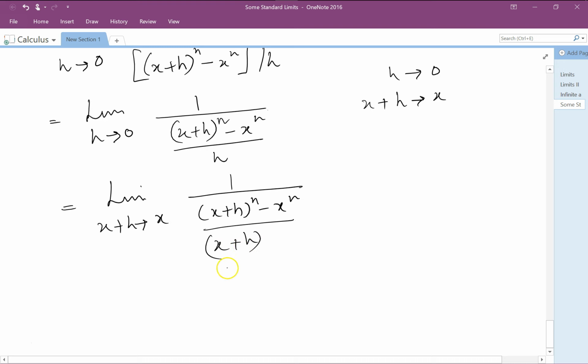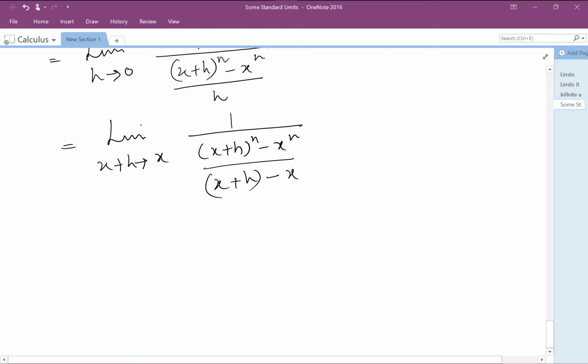But I want it to remain h. So I minus x, right? This x minus x becomes 0. So I'm left with h, which is what it should be. But to make it conform to the standard limit, I'm doing this.